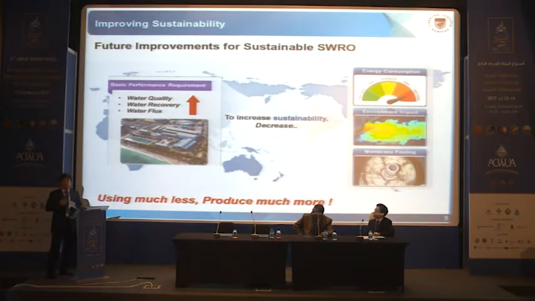As membrane experts, we try to improve the performance of membrane processes, including higher water flux, higher water recovery, and better water quality. To further improve sustainability, we need to decrease energy consumption, environmental impact, and membrane fouling. Basically, we would like to use much less and produce much more. That kind of concept is required for future seawater desalination plants.